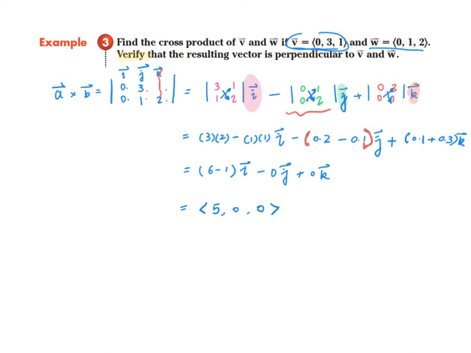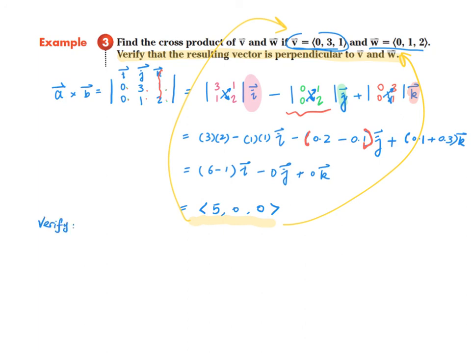The second part of this question is to verify that our answer is perpendicular to the given vectors, which is perpendicular to V and perpendicular to W. That will always be the case. So let's verify.